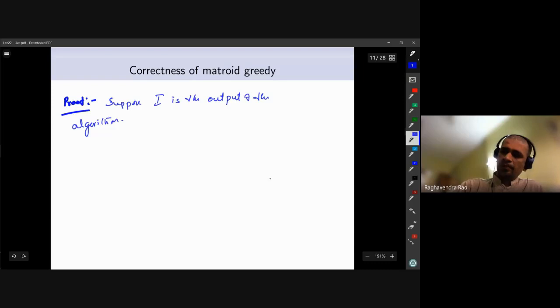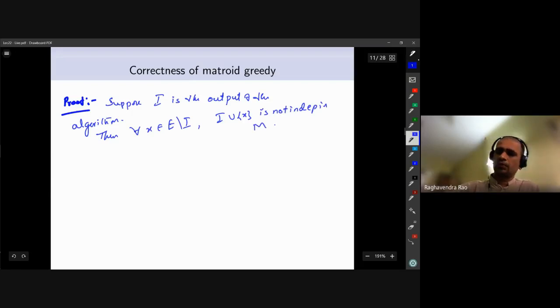So then for all x in E but not in I, I union x is not independent. So therefore, I is a maximal independent set.